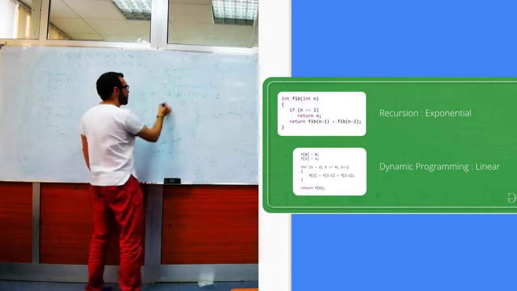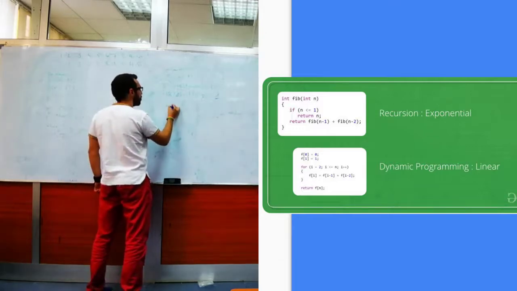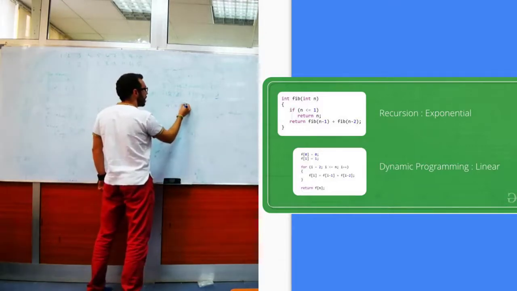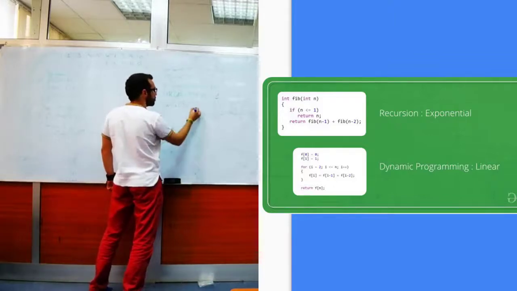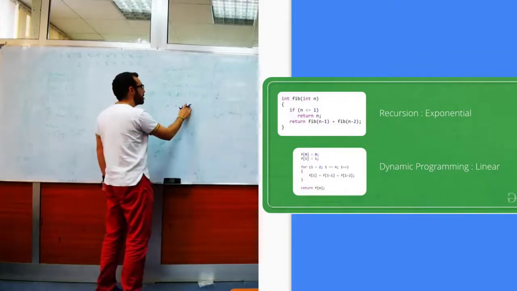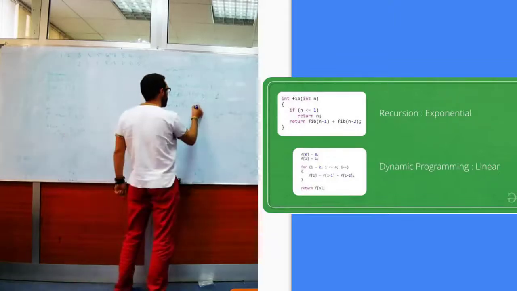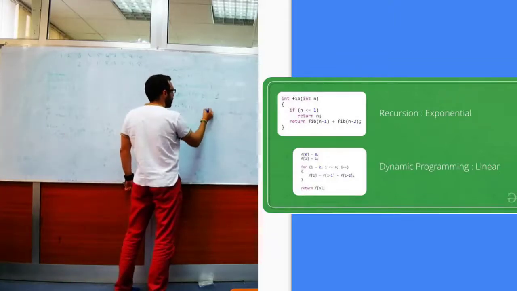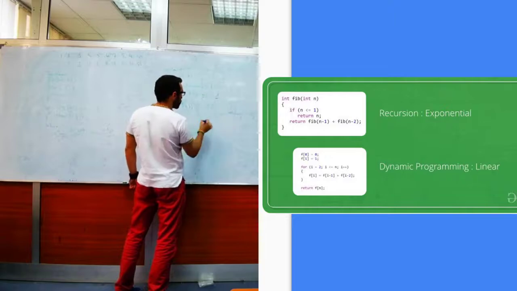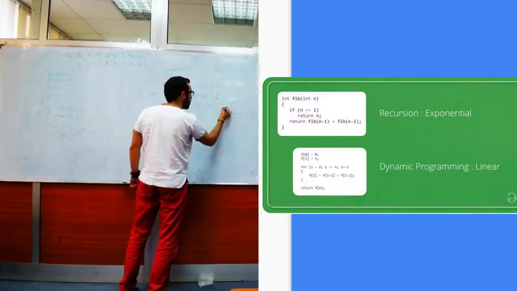And after that, we are going to have a for loop. I this time starts from 3, because 1 and 2 are already set, right? And as long as it keeps going up to n, I need to calculate values.